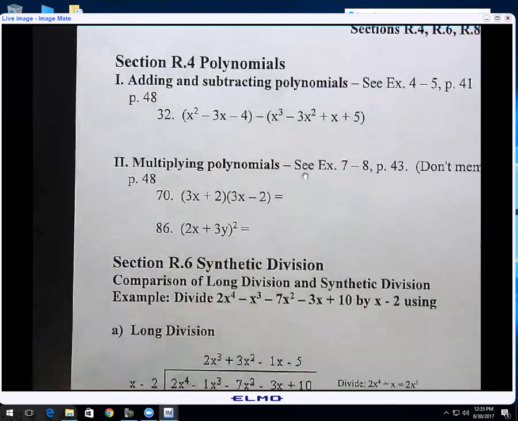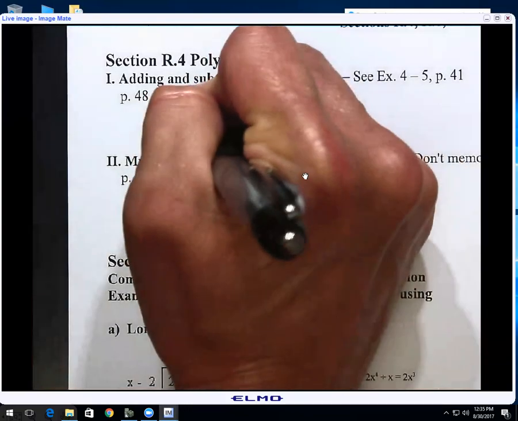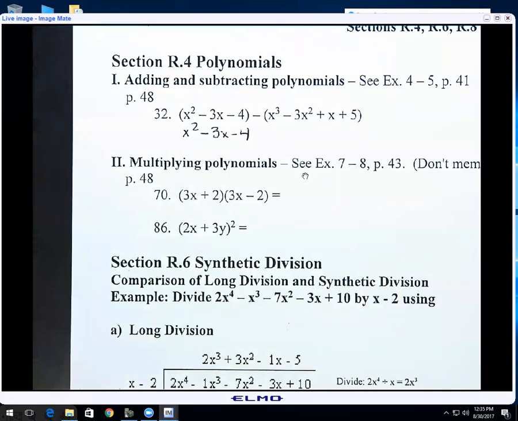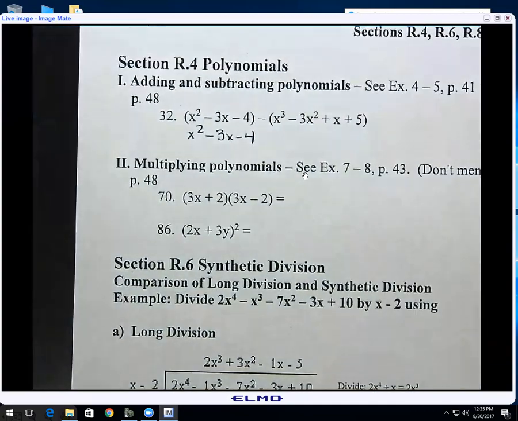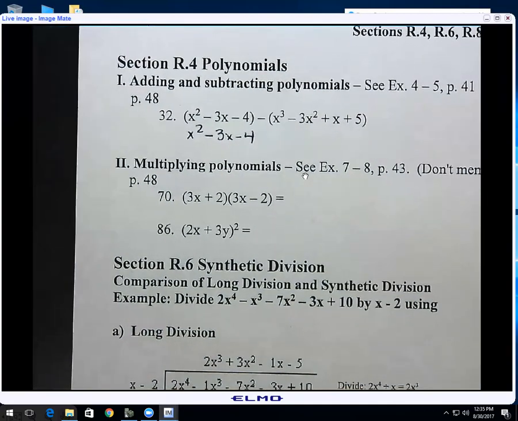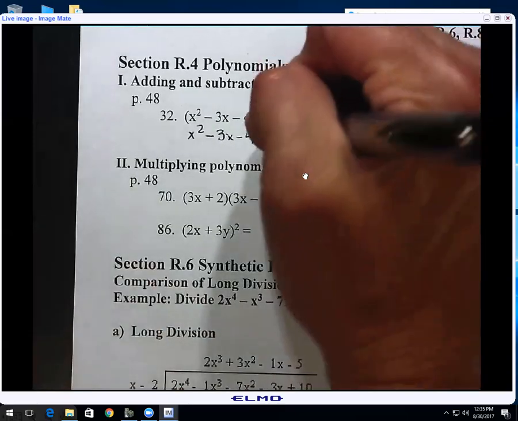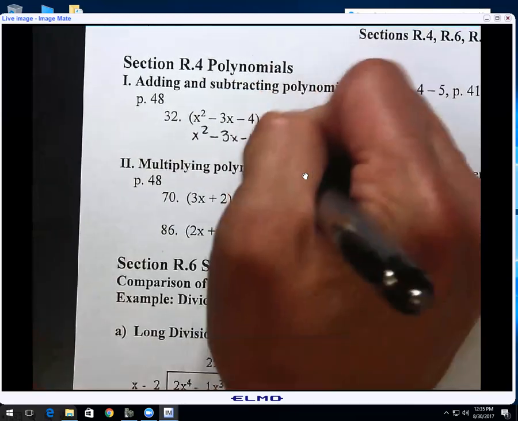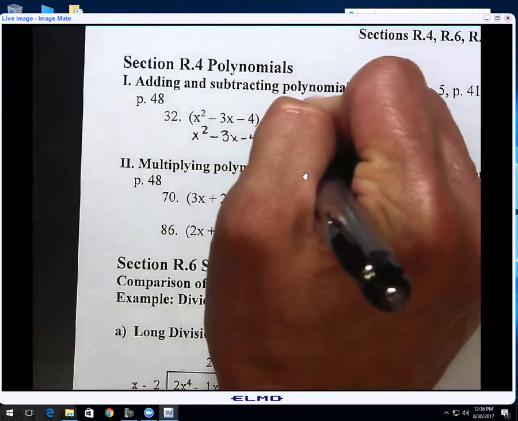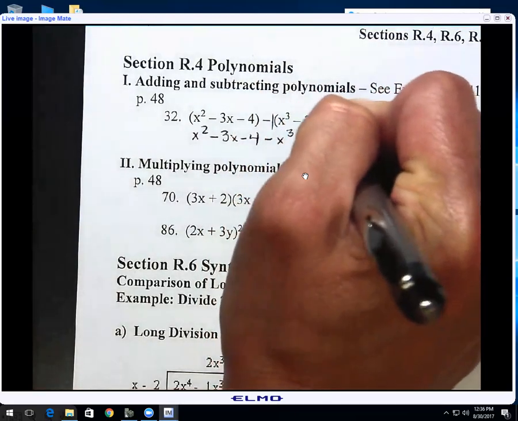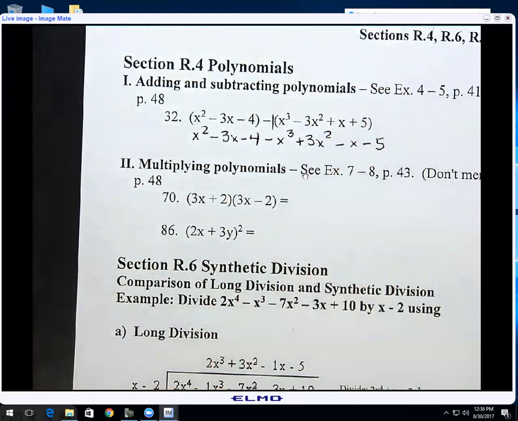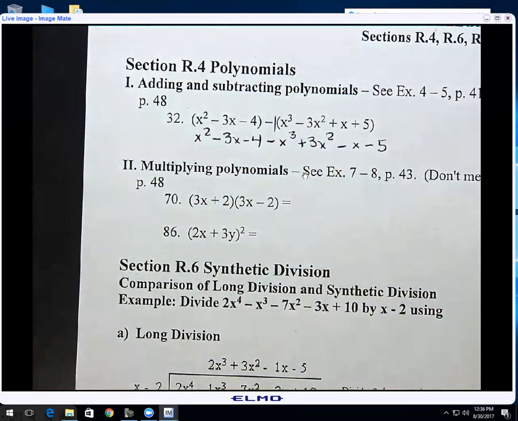So I could rewrite that problem as x squared minus 3x minus 4, because the +1 in front of the first parentheses doesn't do anything. And then distribute that -1 through the second parentheses, and I'll have -x cubed plus 3x squared minus x minus 5. And again, not hocus pocus, but because you're distributing a -1.